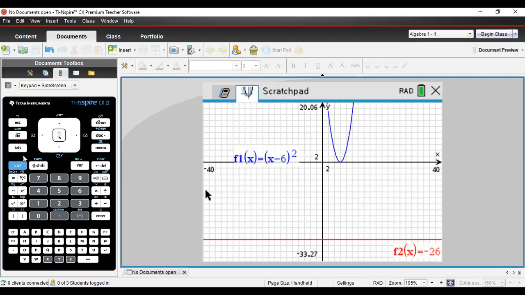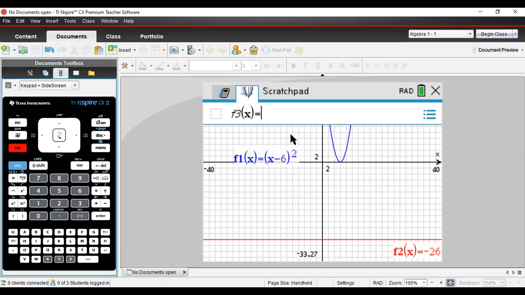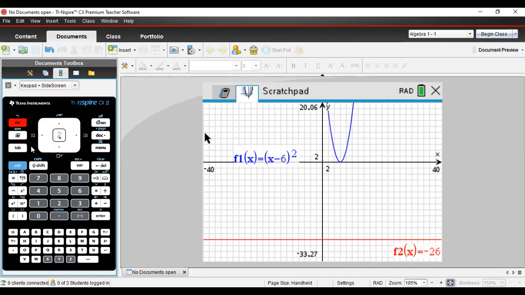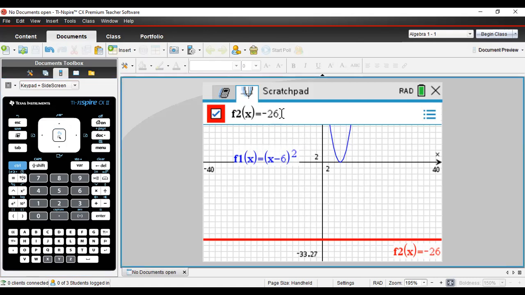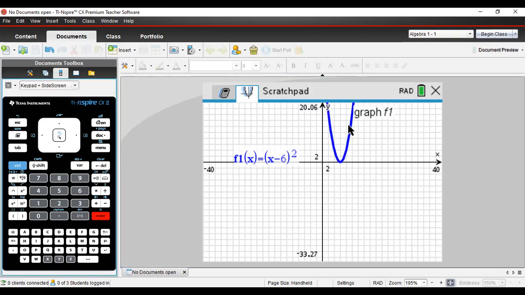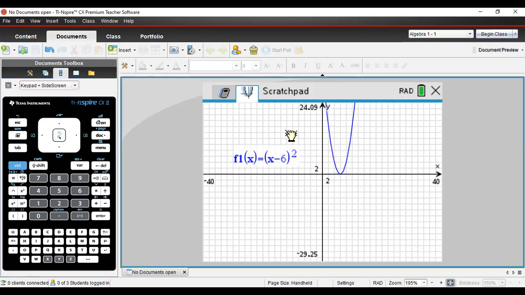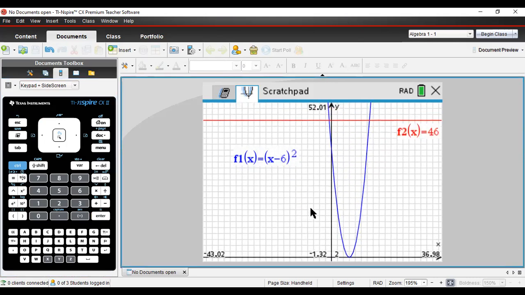So I'm going to press tab, go up to this one, and make this a positive 46. And then I'm going to graph it. Now, you don't see the red here, so I'm going to pull it down, and there it is. And you can see it has 2 solutions, 2 intersections.